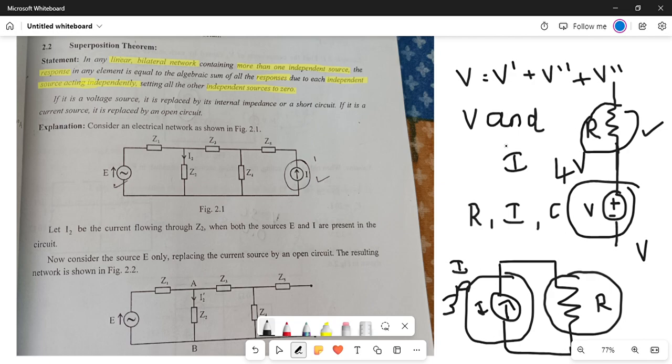If you need the voltage across a particular resistance, it is the algebraic sum of the voltages across that element caused by separate independent sources acting alone.